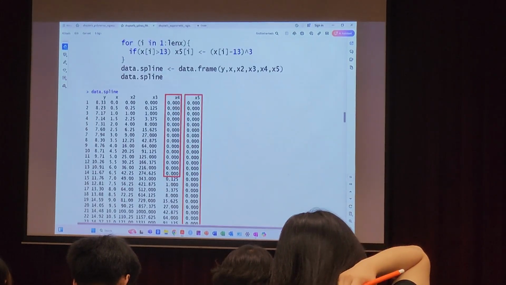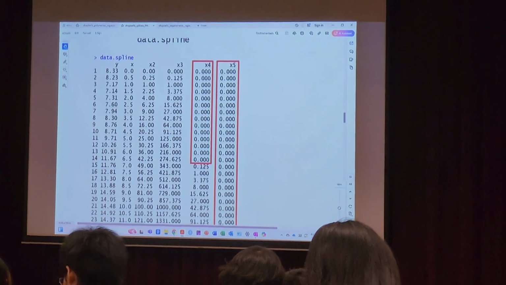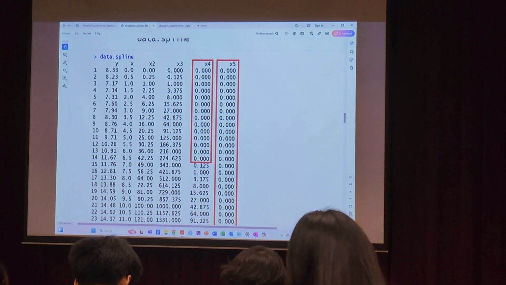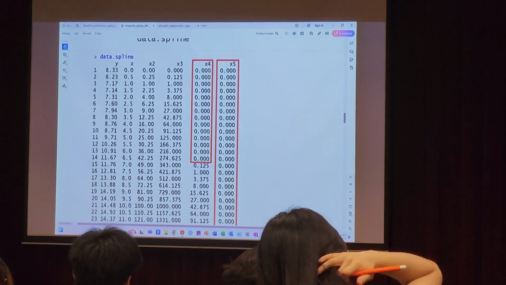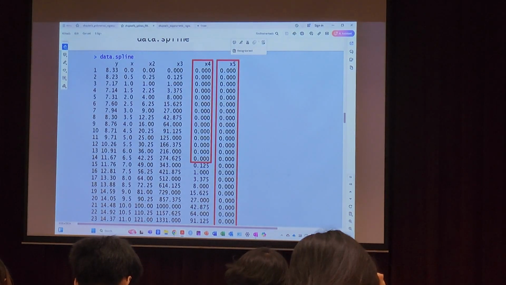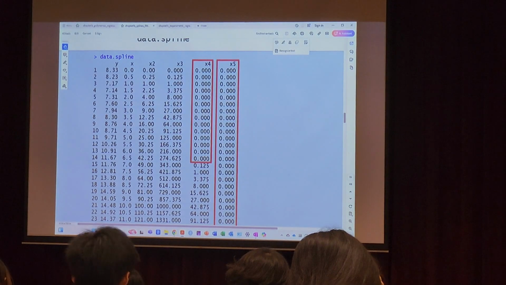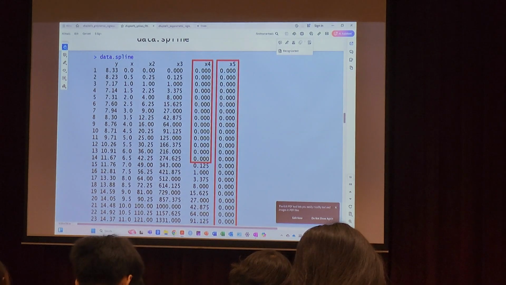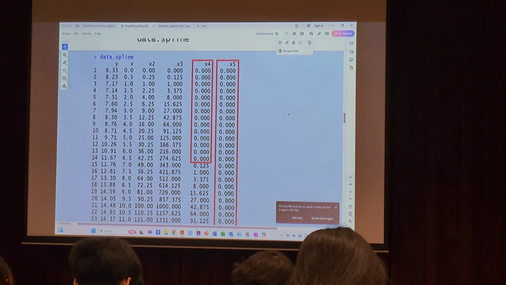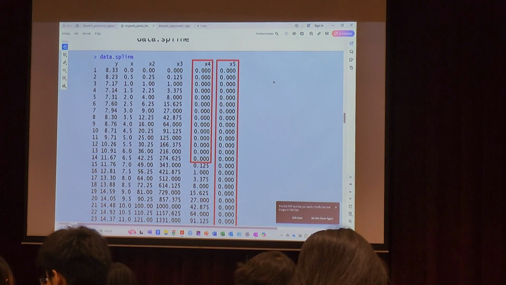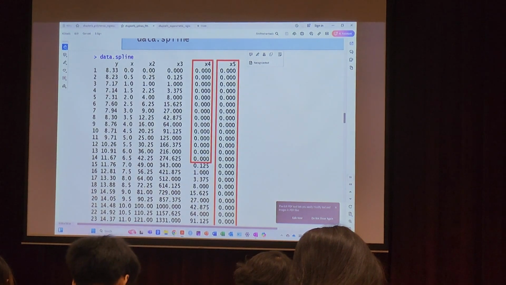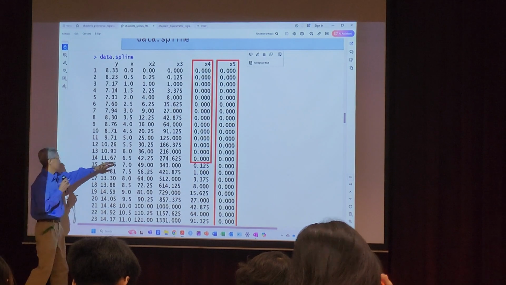So what does that mean? That means, look at X. X is here. Now here is 6.5. Here's a knot.